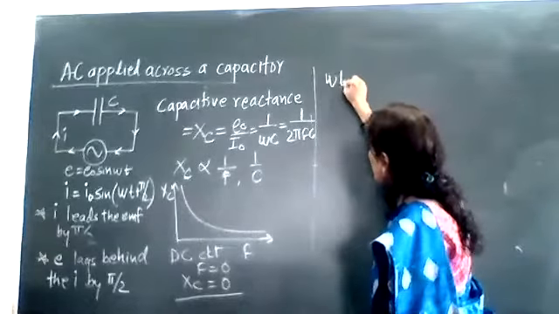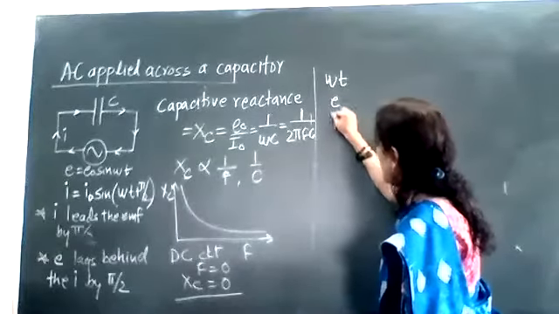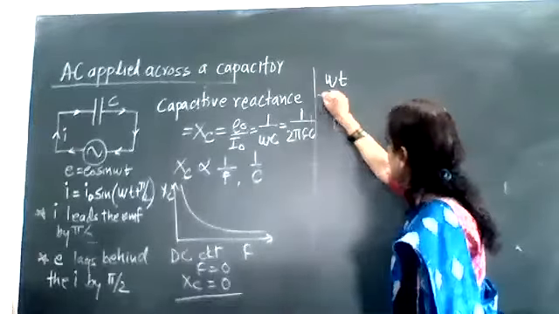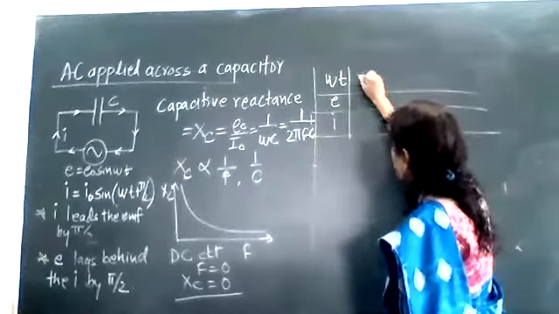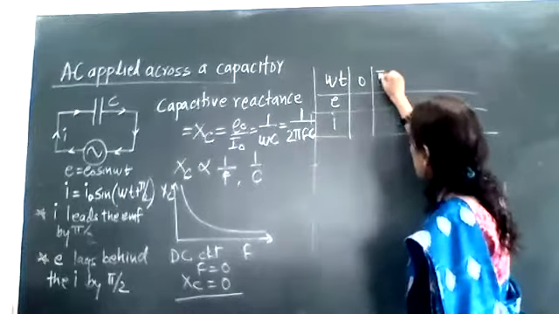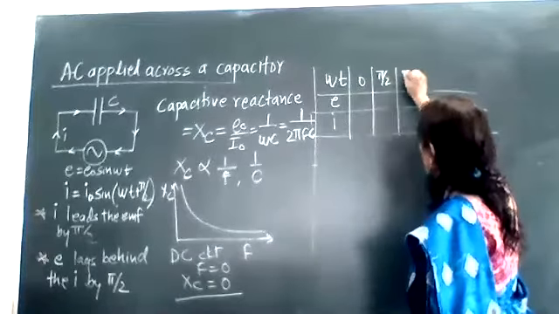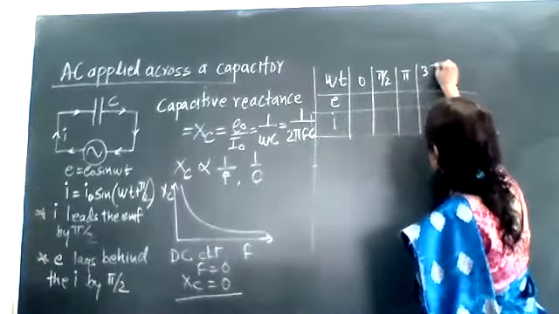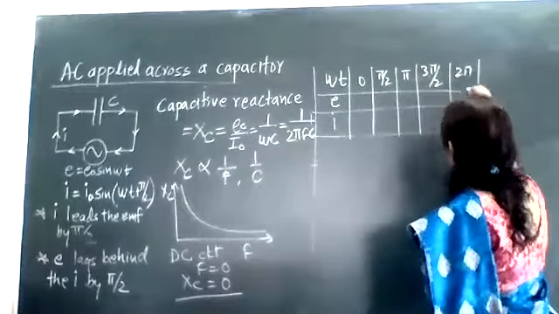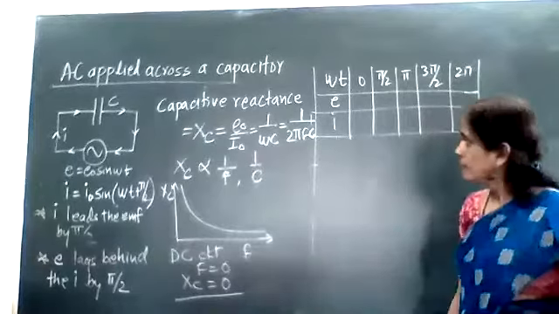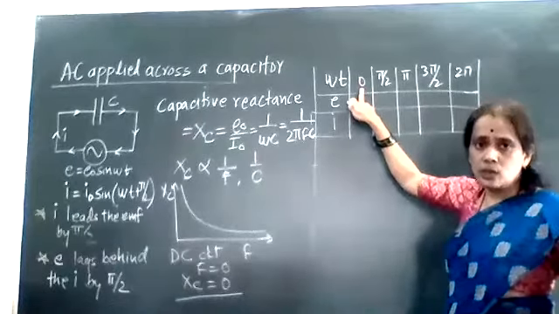So, if I plot a graph of EMF and alternating current with varying values of omega t, your omega t value starts from 0, pi by 2, pi, 3 pi by 2 and 2 pi. I will formulate the table. First omega t is 0.